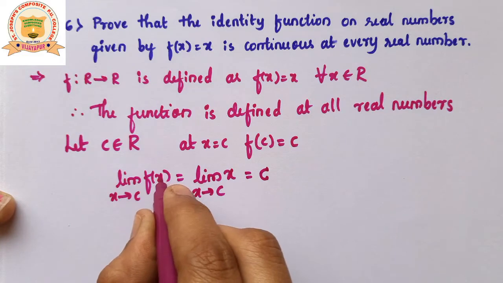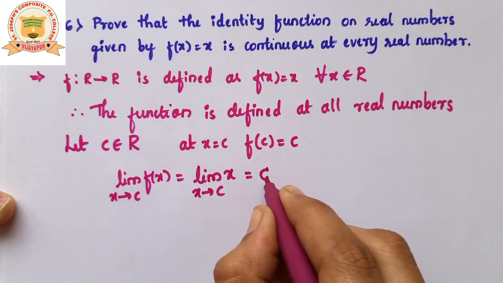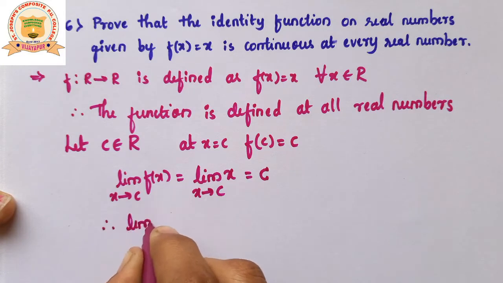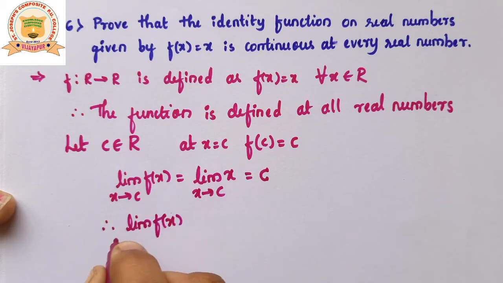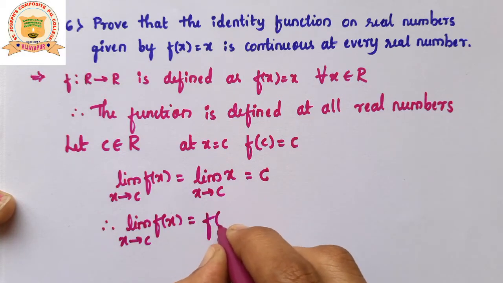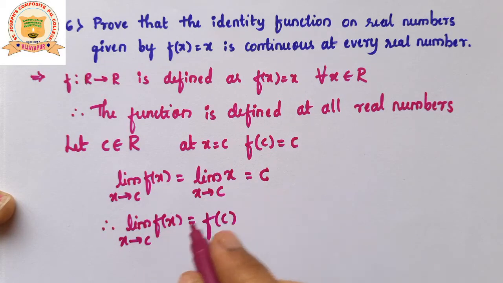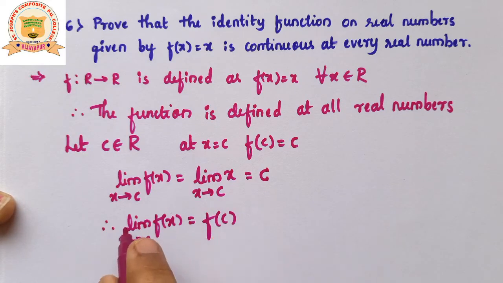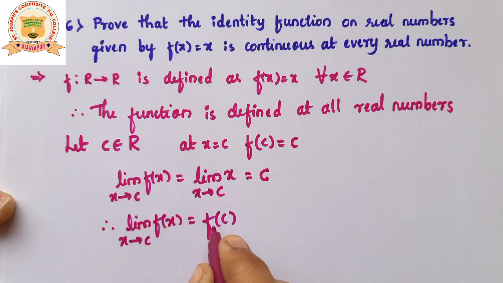Therefore, limit of f of x as x tends to c is equal to c. Therefore, we conclude that limit of f of x as x tends to c is equal to f of c. Both have the same value. This value is c and this value is also c.